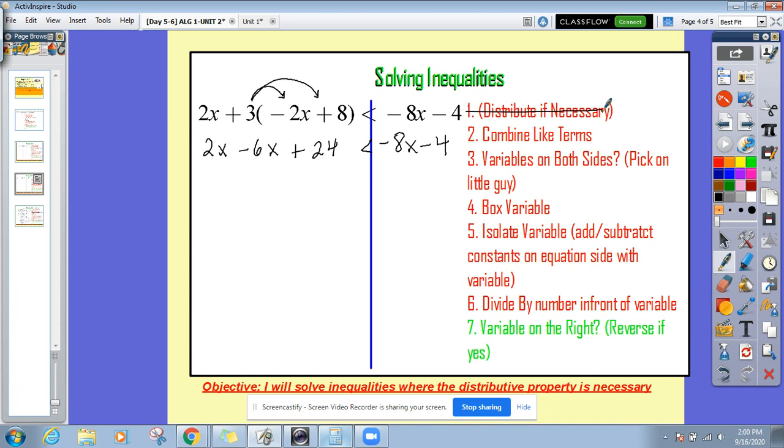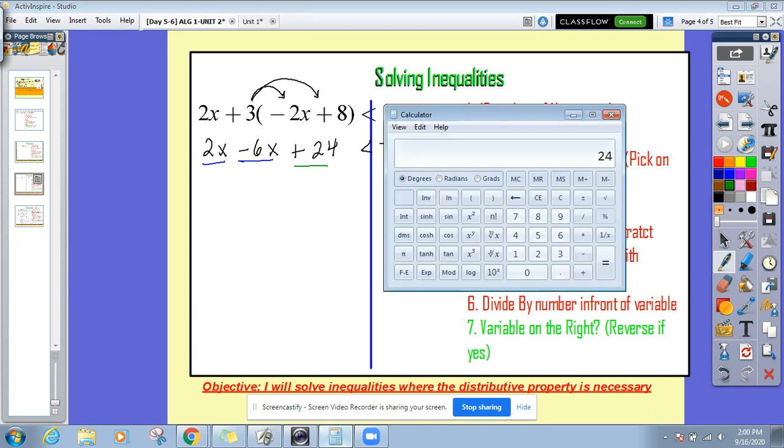We're going to try to combine our like terms to clean this up a bit. So I'm going to get out my highlighter. I have a 2x, a -6x, and a positive 24 on the left-hand side. So I know I can combine my x's. So 2 and then -6 is -4x.